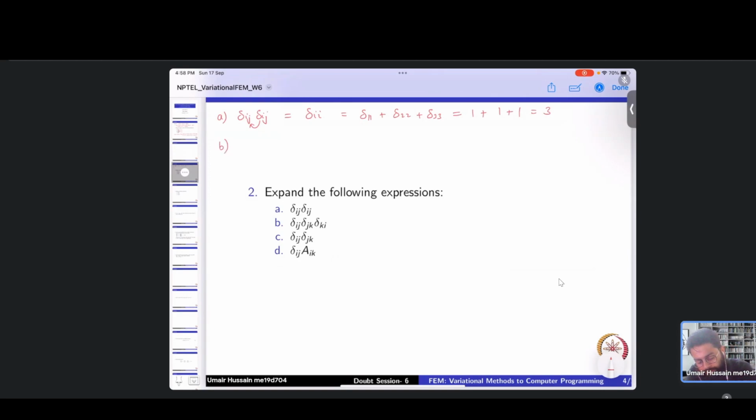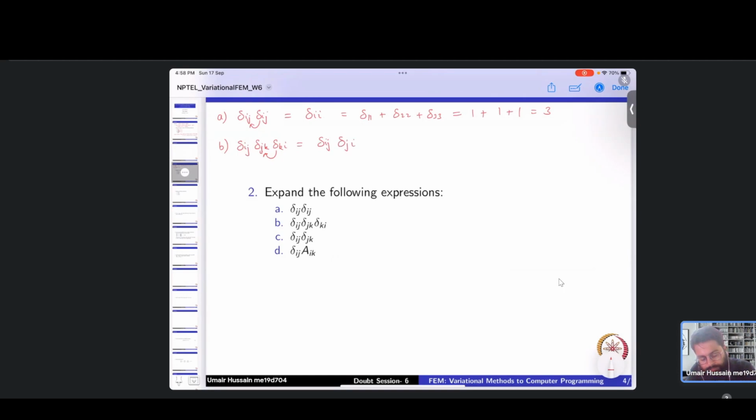Now next we have delta ij, delta jk, delta ki. So we apply the substitution property from here to here first. So we have delta ij times delta k, which we can replace by i.